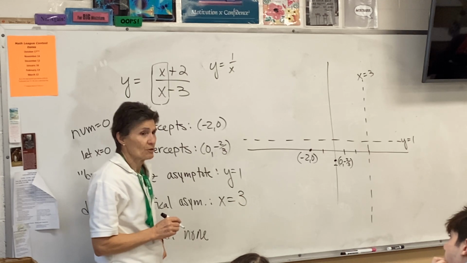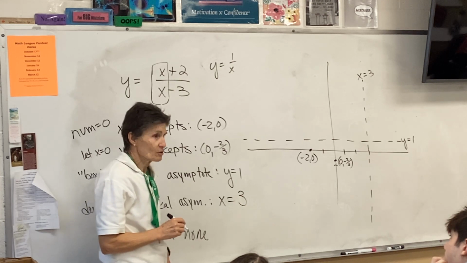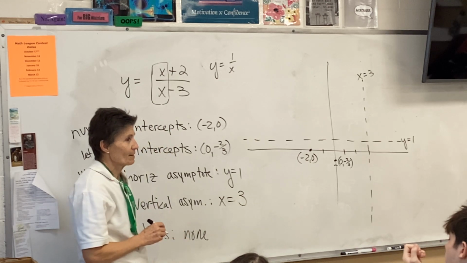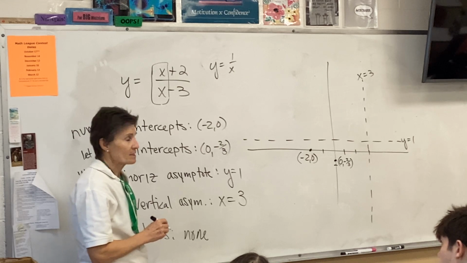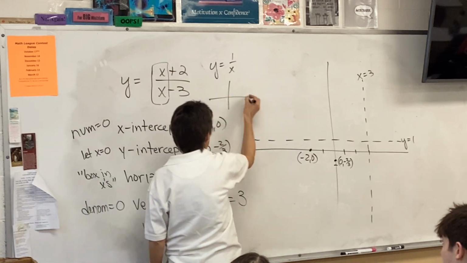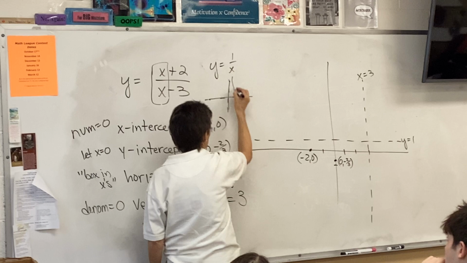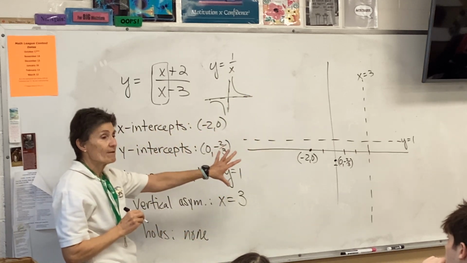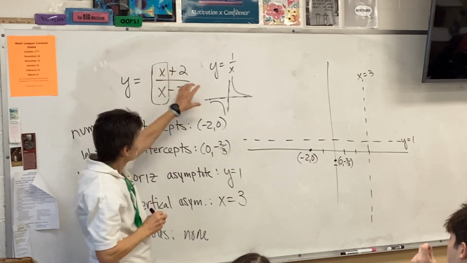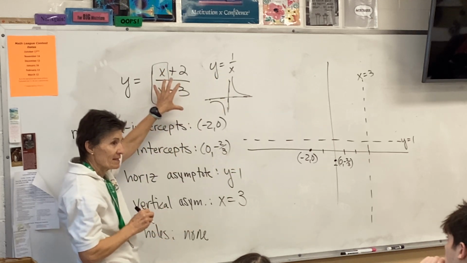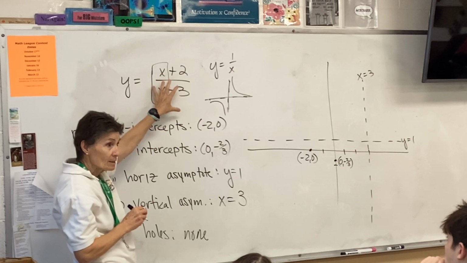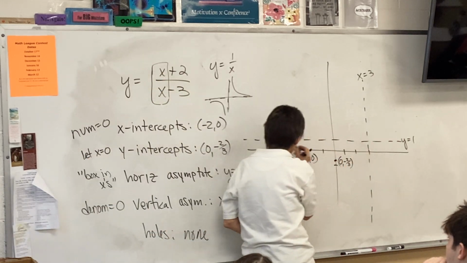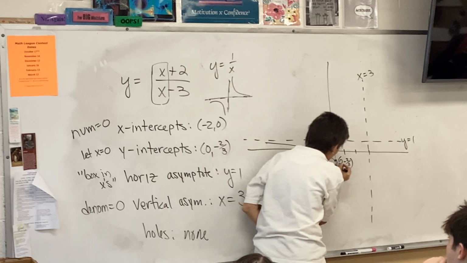This is where you guys need to bring in your cans, because all this is on your semester exam, and the cans are extra credit on the semester exam. So the reciprocal function is the one that looks like this. It has an asymptote and two curves like this. This is going to be a version of that. It looks a little different, but it's the same idea. It's a fraction. Only the asymptotes have been moved now, but the curve is the same.